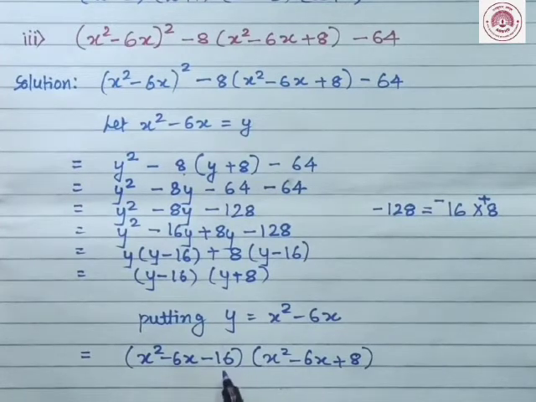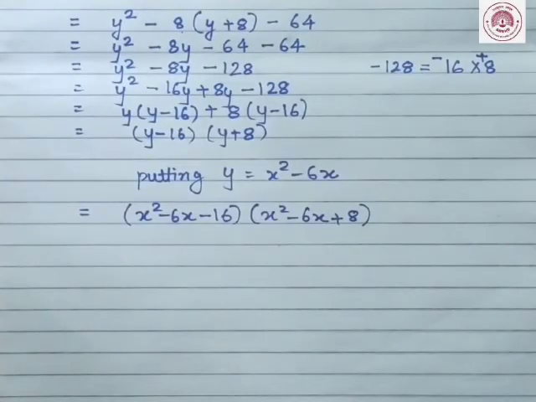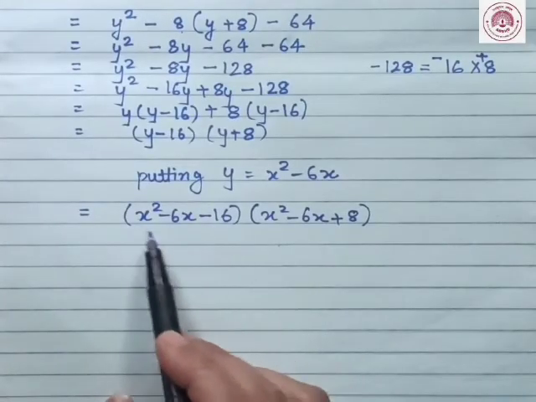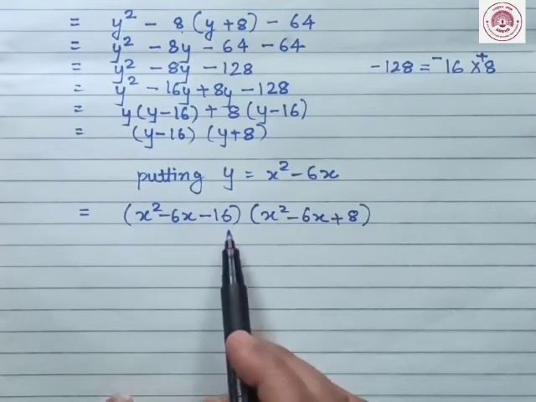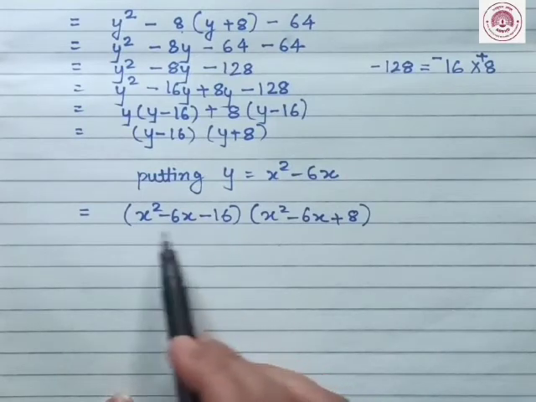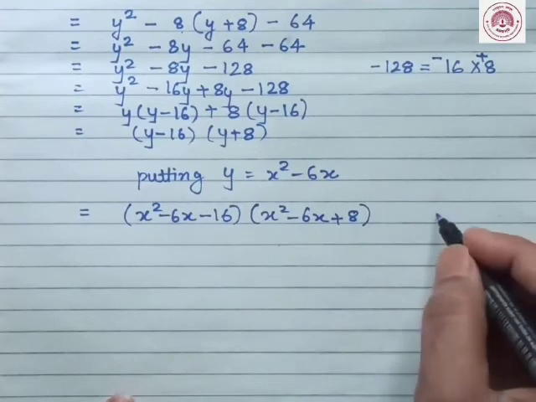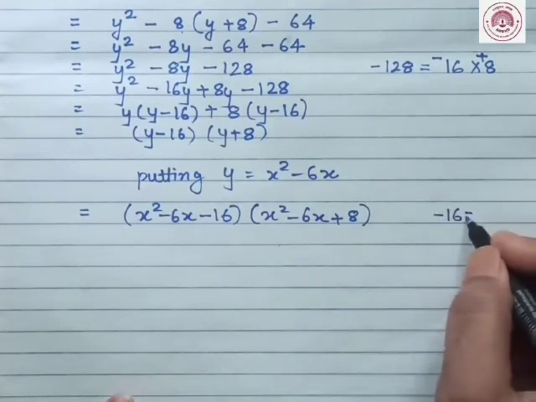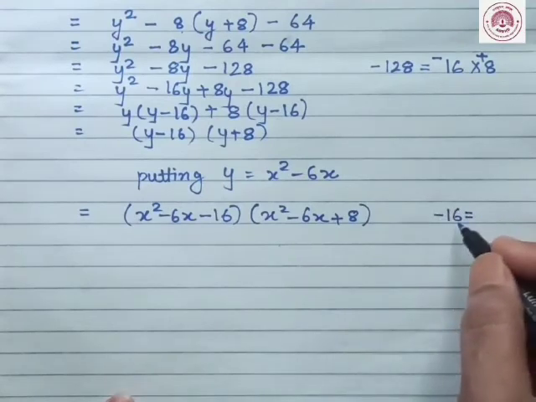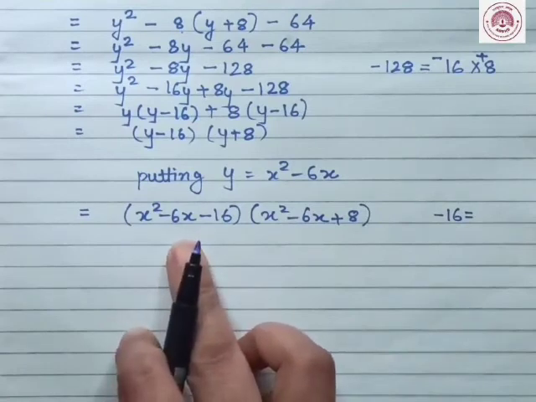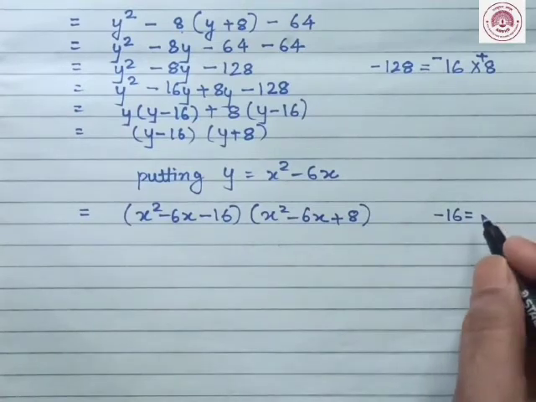Okay, so here the constant term is −16. So the factors of −16, can we get −6? Now here in this first polynomial, the coefficient of x² is 1 and the constant term is −16. So we have to find the factors of −16. So what are the factors? 16, and we want −6. So the subtraction of the two factors should be 6.